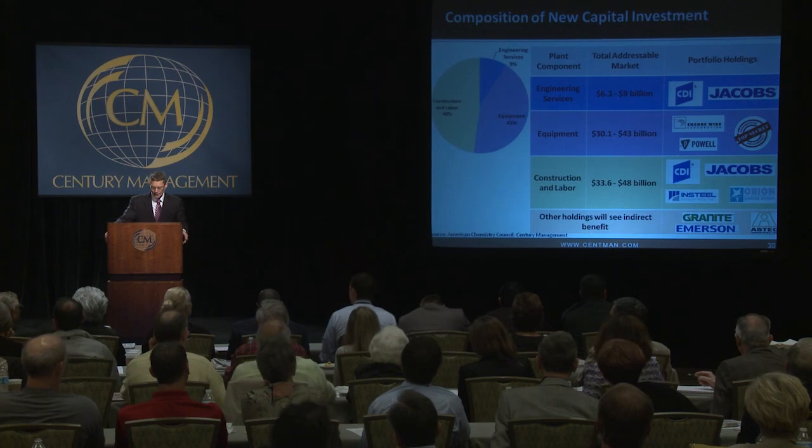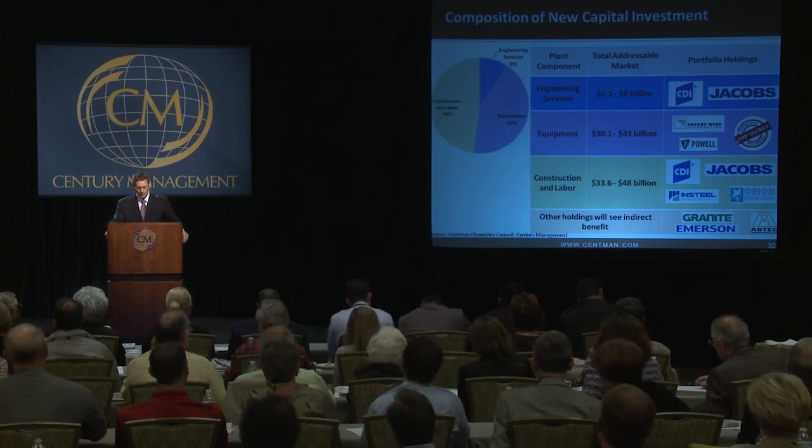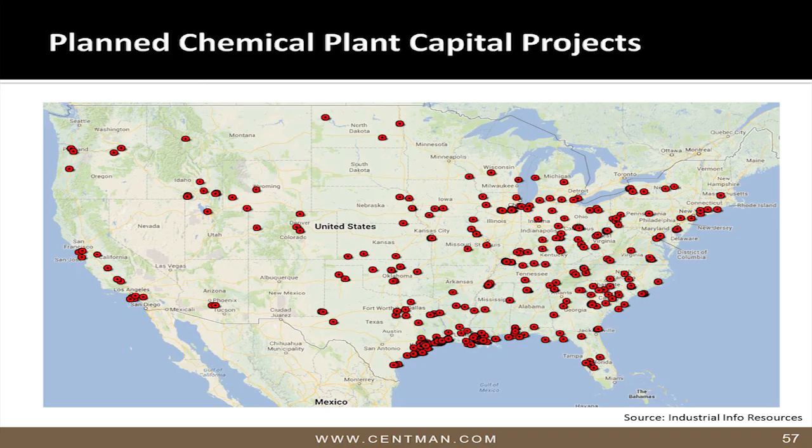Now, by looking at this chemical build-out geographically, we see that while the chemical projects are planned throughout the United States, the majority of them will be built in the manufacturing centers of the Gulf Coast, the Midwest, and the East Coast.